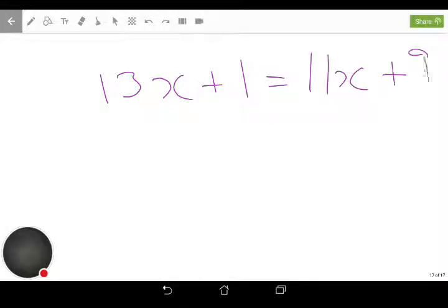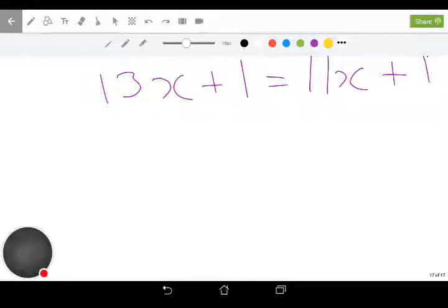So I'm just going to put down a question. Okay, so we've got 13x plus 1 is 11x plus 9. Again, we're going to solve this in the same way that we've just done. We're going to look at that equal sign as if it's a balance, and whatever we do to one side we're going to do to the other.